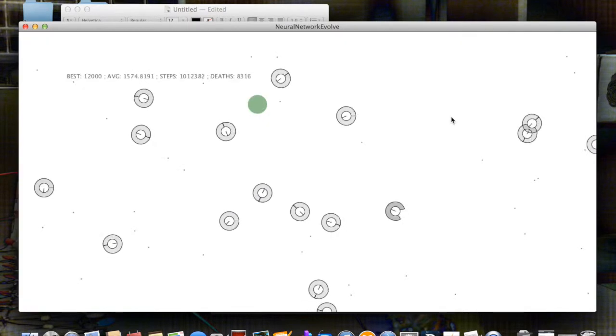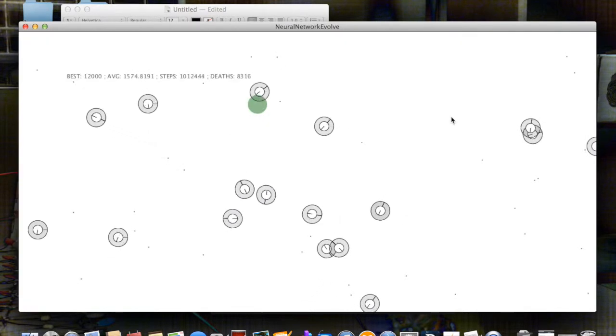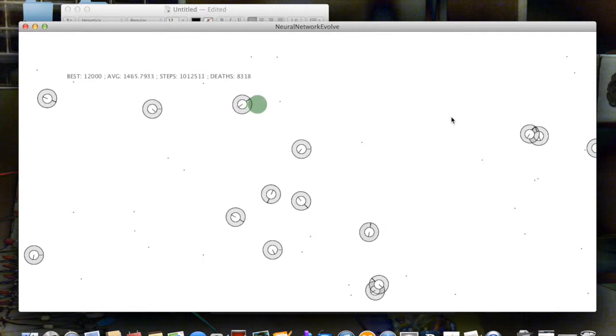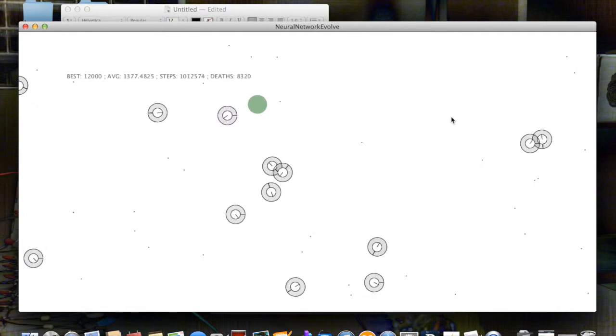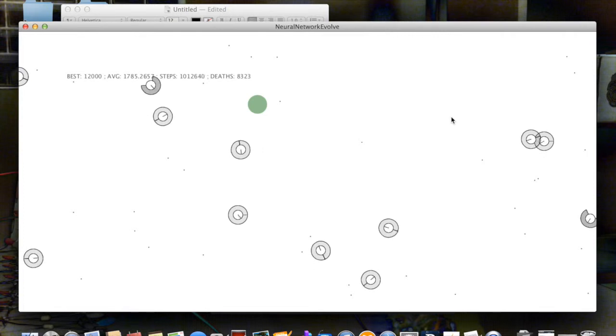Or no, 6, I think. I don't know. The inputs go into a hidden layer, and then the hidden layer is fed to the output neurons.